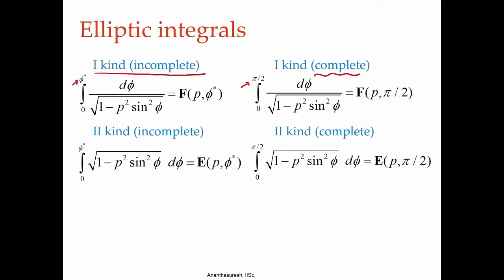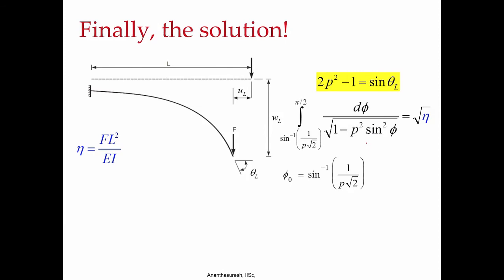If normal trigonometric functions are called circular functions, the corresponding functions for an ellipse are elliptic functions. Related to that are these elliptic integrals. So, these equations are the first kind. When the denominator goes to the numerator, that becomes the elliptic integral of the second kind, again incomplete and complete. We have a third kind which we do not need in this particular context.